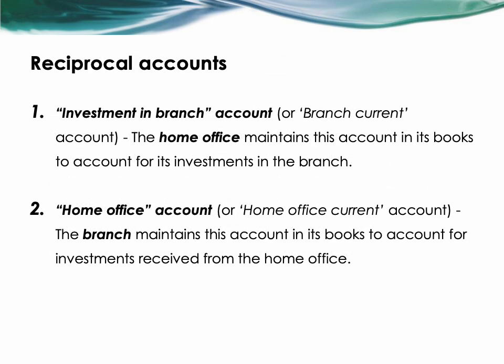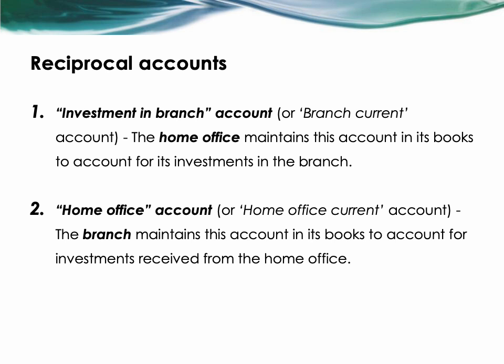So the core of branch accounting lies in managing the reciprocal accounts. These accounts ensure that the books of the home office and the branch office always mirror each other's intercompany transactions. So we have two reciprocal accounts. Number one is the investment in branch account or branch current account. This is maintained by the home office to account for its investments in the branch.